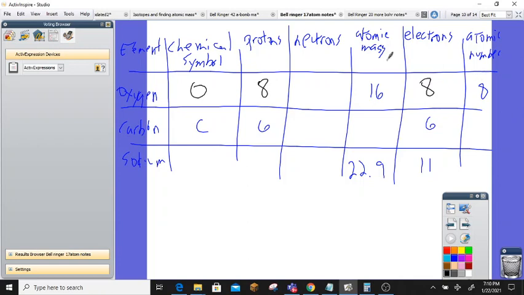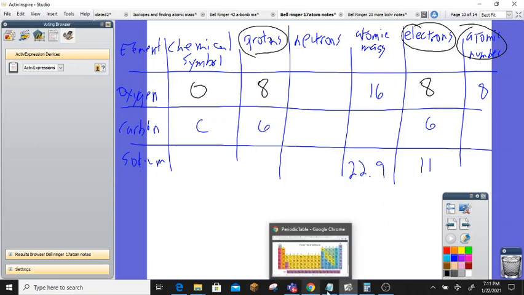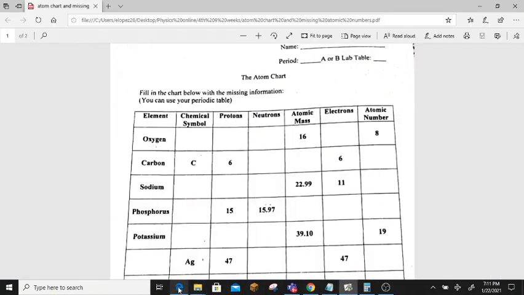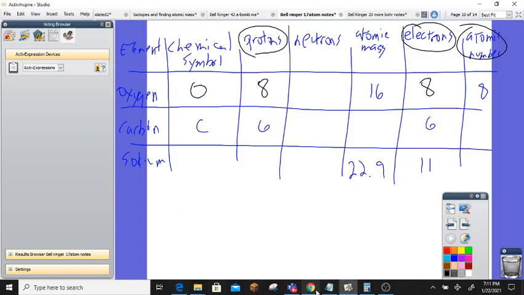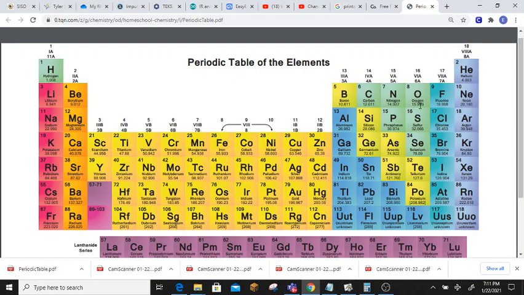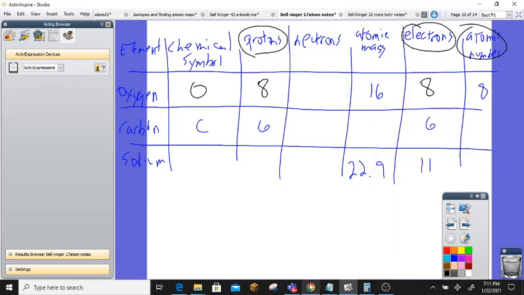So these 3 right here, they're always going to be the same number. The atomic mass is the number that is on the bottom. And we can round. And the number of neutrons is, we're going to subtract 16 minus 8. That's going to be 8.